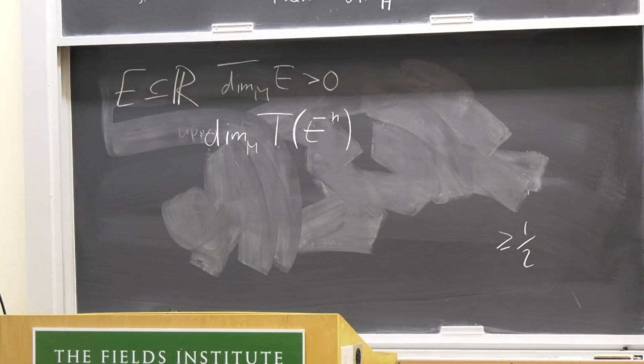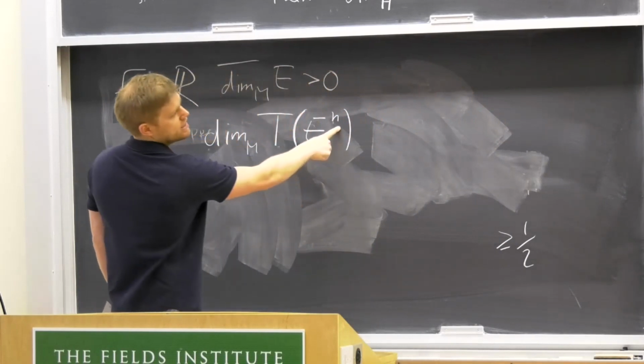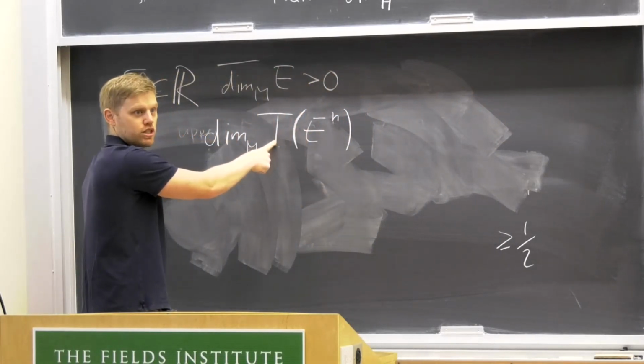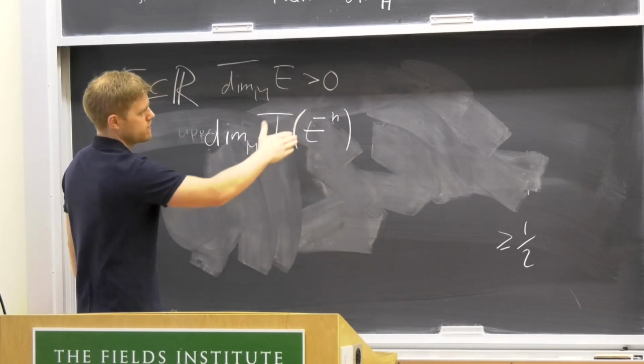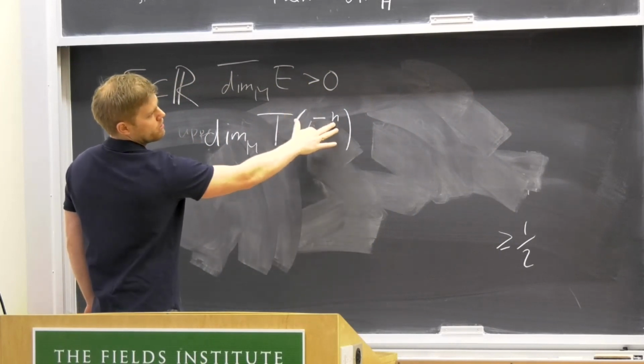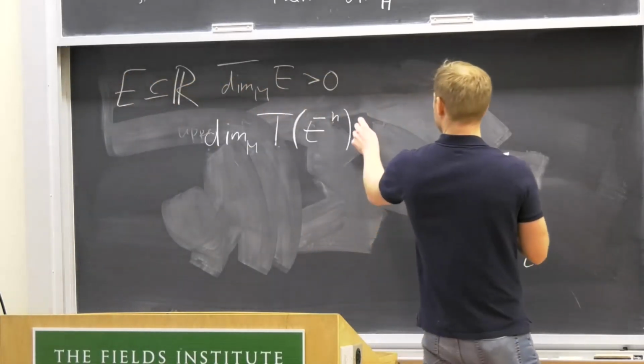And so what I claim is that this projection theorem that we have here can actually give you this. So suppose we take an N, take one of these projections, and then it will look like this when we let N go to infinity. Let me make sure I got all these right.